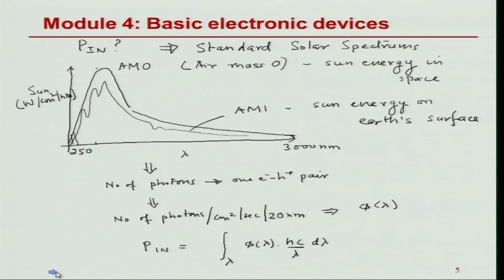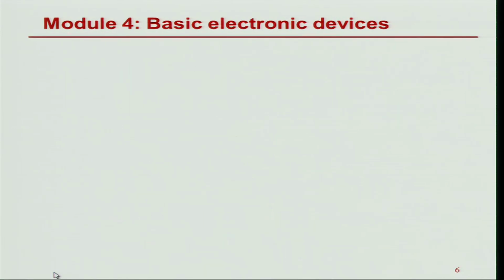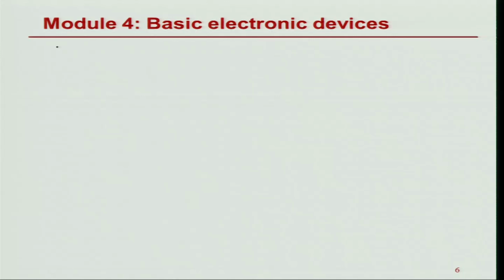So where does the rest of the energy go? Where is the 85% of the energy which we are not able to collect? If I just take it as an academic exercise, I want to see what happens to the rest of the 85%. So that's what we are going to look at: the loss terms.